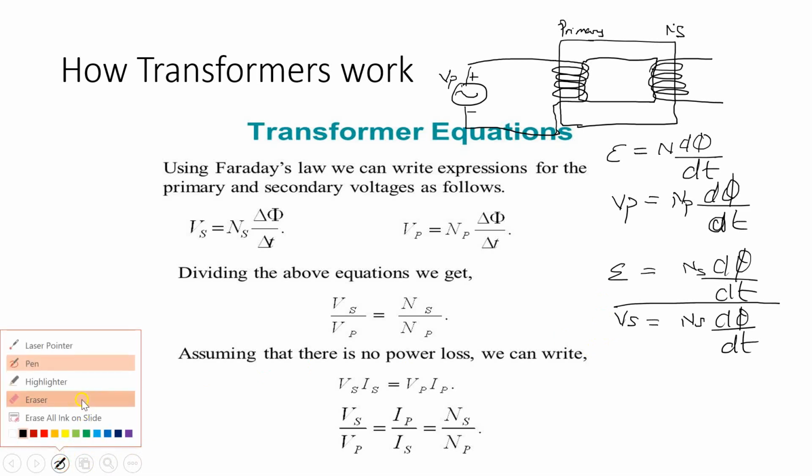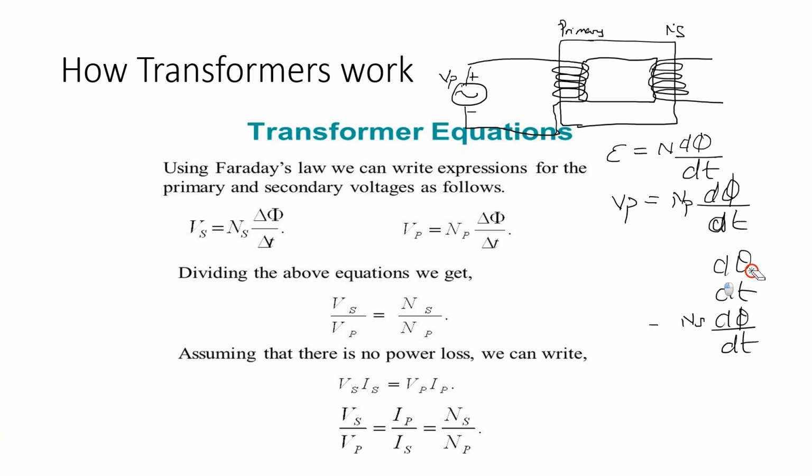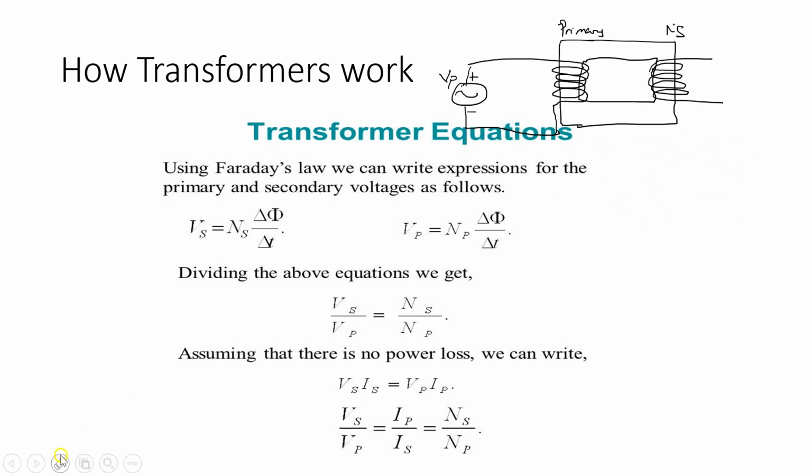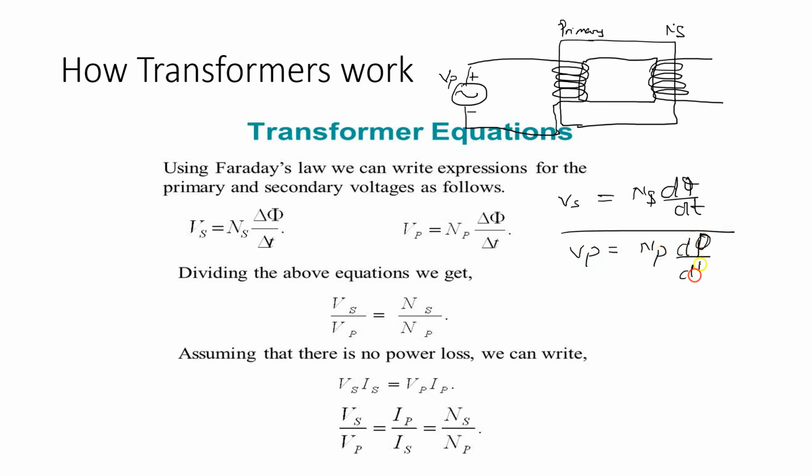So if we were to divide these two equations that I just wrote a while ago, we're dividing Vs equals Ns times the rate of change in the magnetic flux by Vp equals Np d of psi by dt.